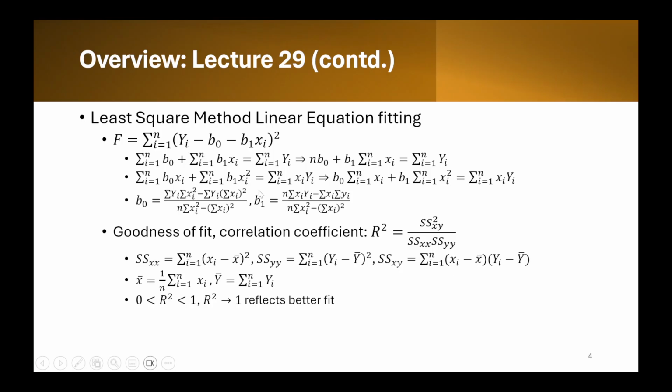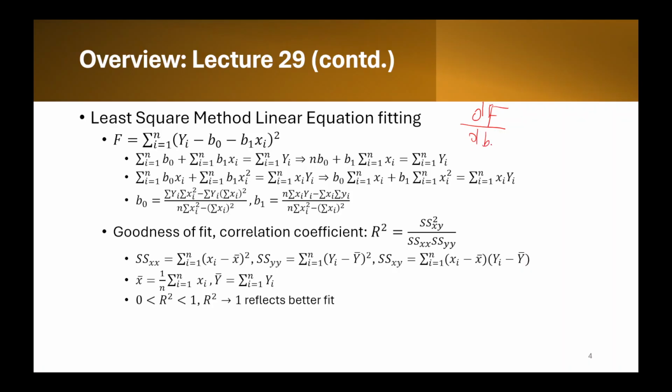So what are the unknowns here? We know yi, we know xi. We don't know b0 and b1.